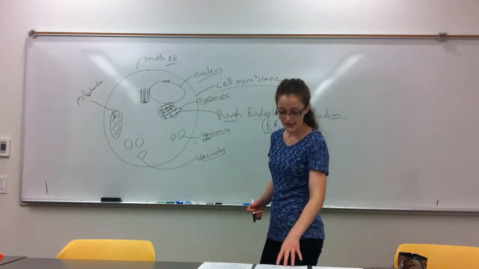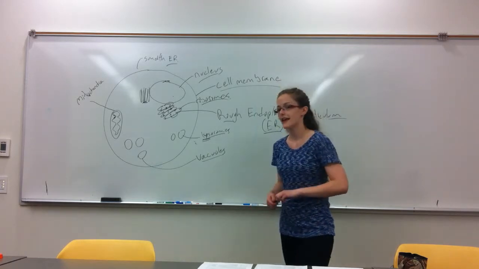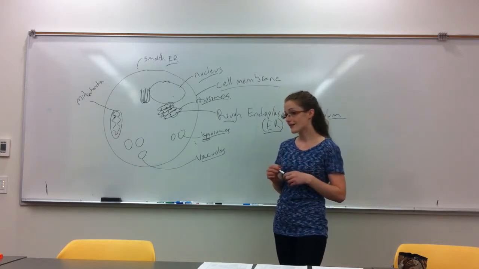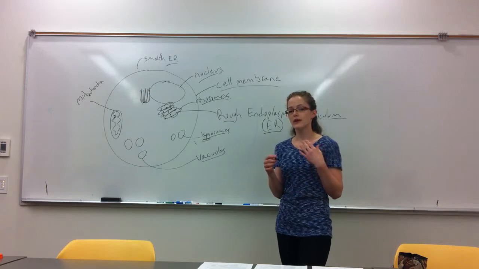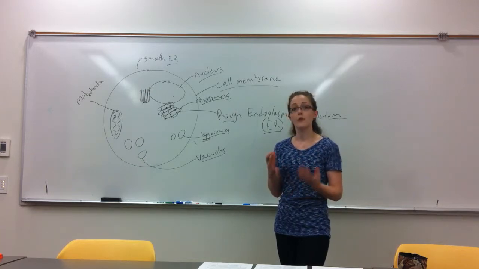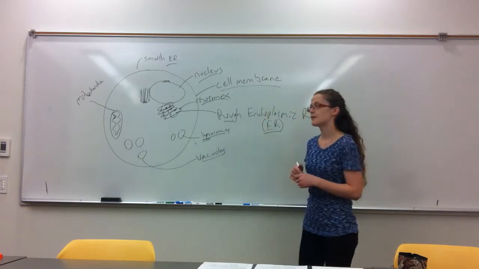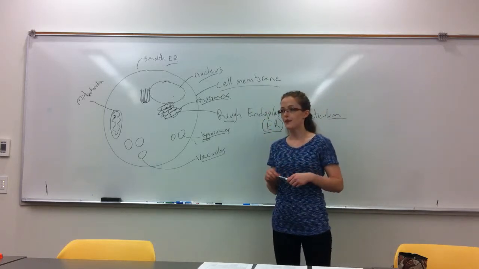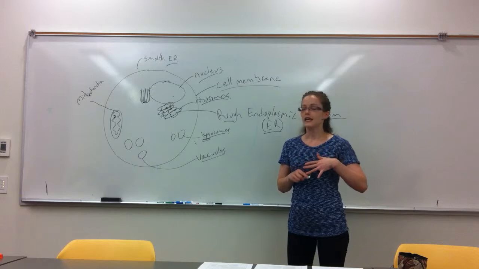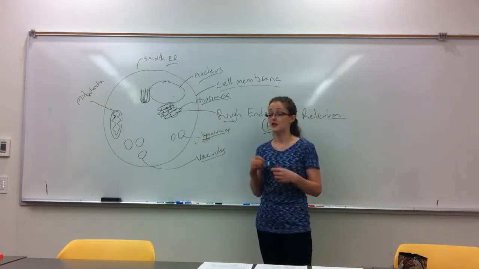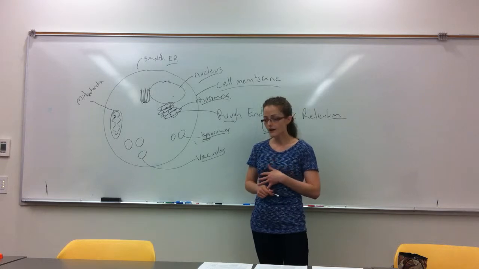And just go to cellsalive.ca and look up the animal interactive cell model there. And just work through it either individually or in small groups of 2 to 3. And just take a look at the animal cell and fill out your diagram. Make sure you're looking at the organelle structures and functions, and make sure that you understand what those functions are.